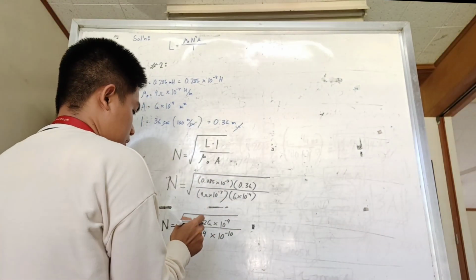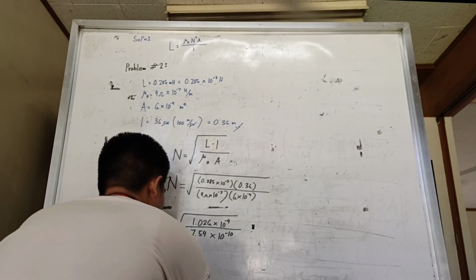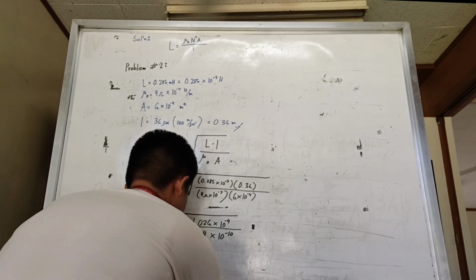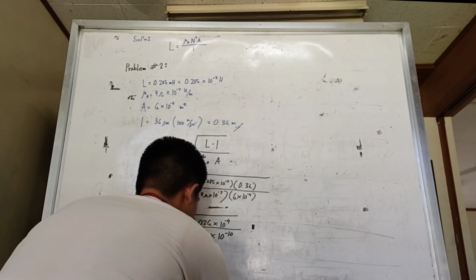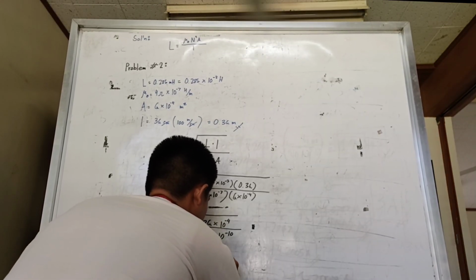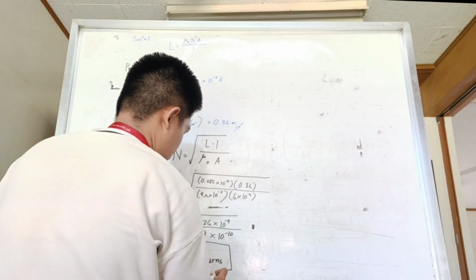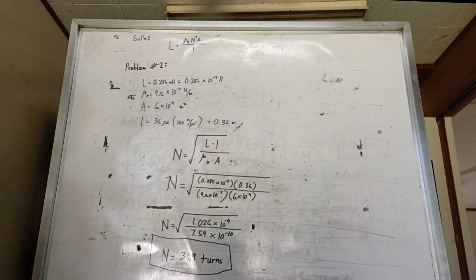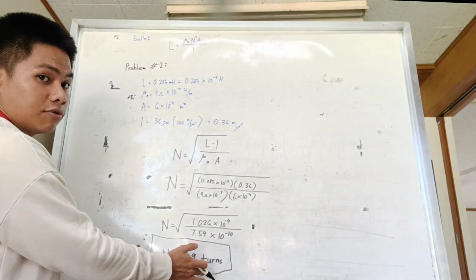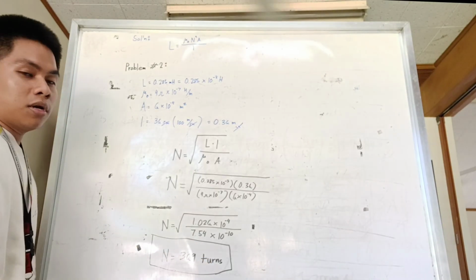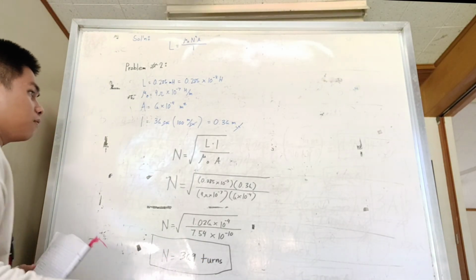If you calculate it, the turns will be 368, but we need to round it up, so it will be 369 turns. This is the answer to our problem number 2. Turns is equal to 369 turns. This is unitless, but we put turns here so we can know what the number stands for.